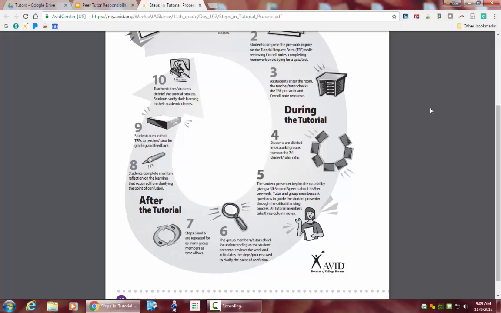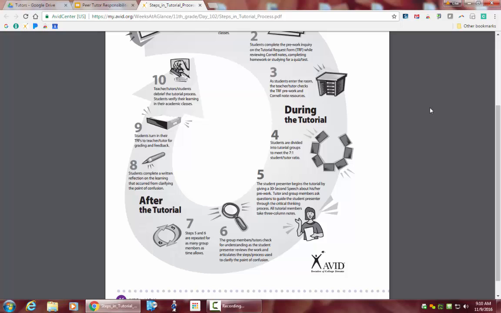Each student is going to have a turn, based on the timing of the class, if there's enough time, to talk about their point of confusion and give their 30-second speech. While this is happening, the tutor, who would be the student leader, and the group members, who of course are the other students, have the role of asking questions to guide the student presenter through the critical thinking process.